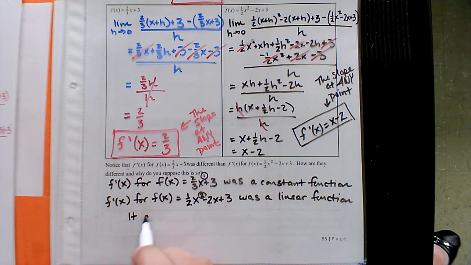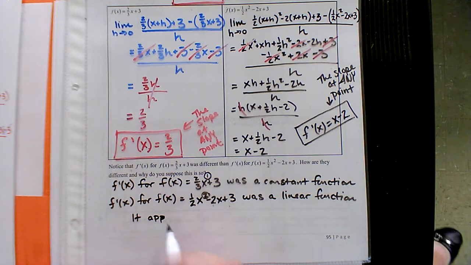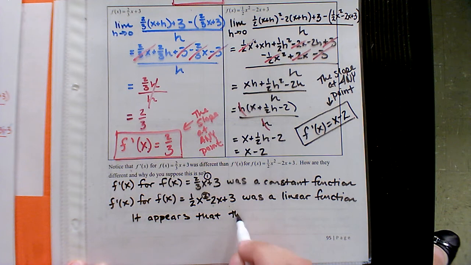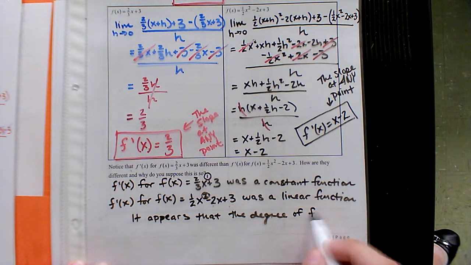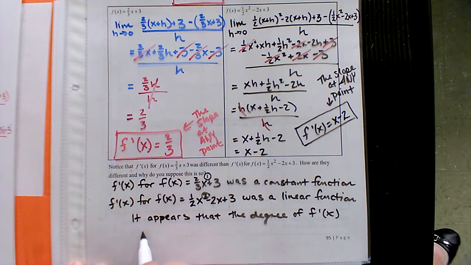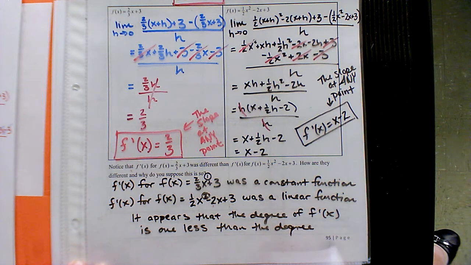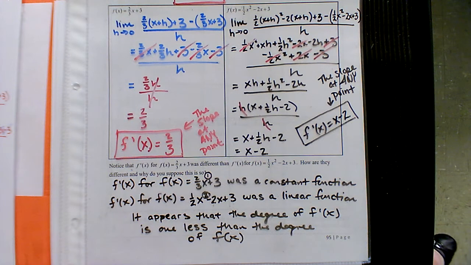Maybe we'll say it appears that the degree of the derivative, f prime of x, is 1 less than the degree of f of x, the original equation.